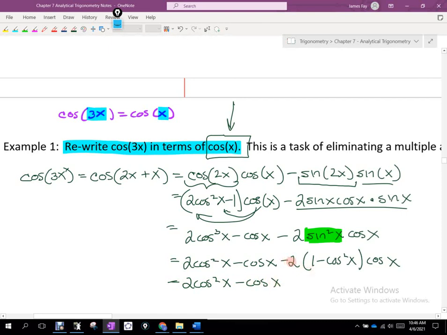So now when I take this negative, and I don't want to rewrite this, but that right there is the amount that needs to be distributed to this parenthesis, right? So I'm going to have negative 2 cosine x times 1, so it'd be negative 2 cosine x. And then negative 2 cosine x times negative cosine x, so it becomes positive 2 cosine cubed x, right?